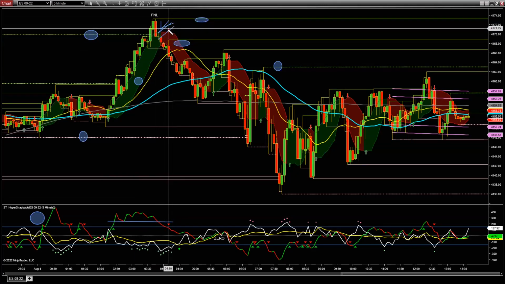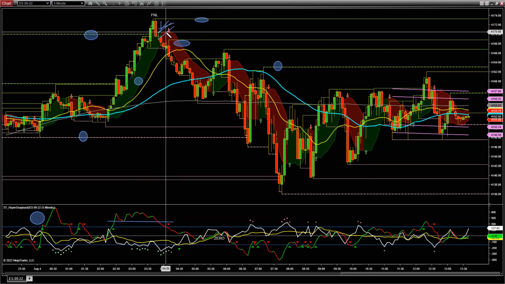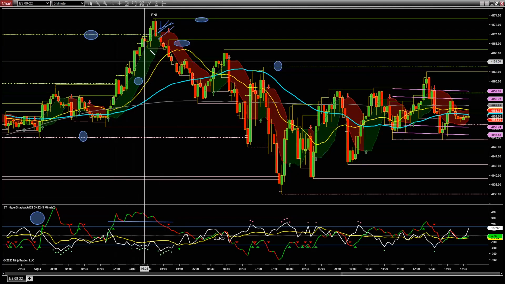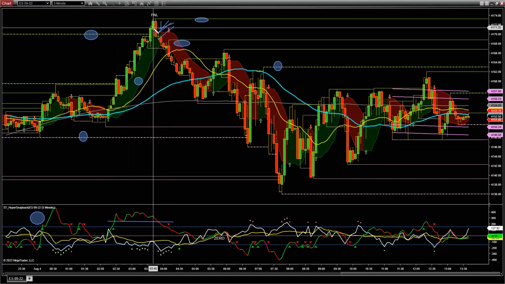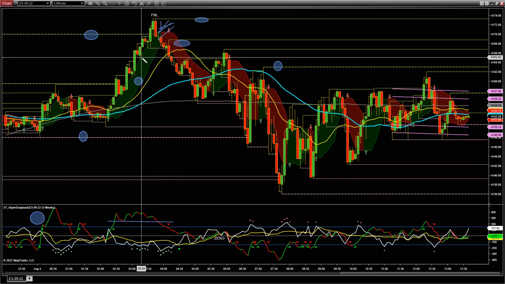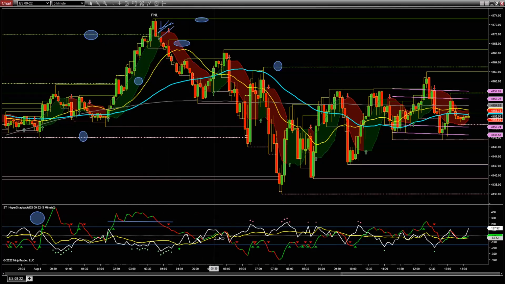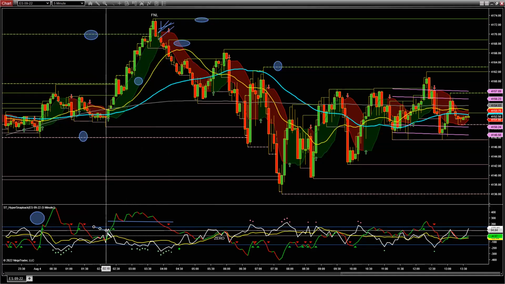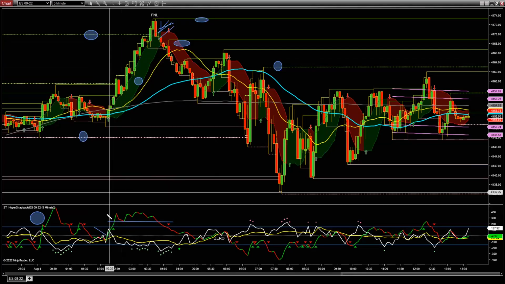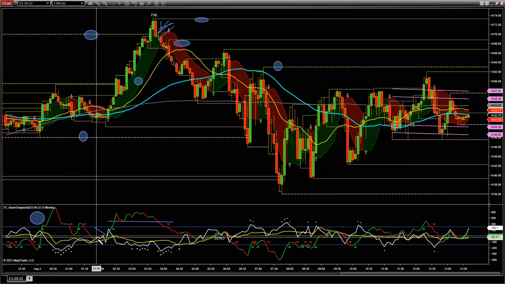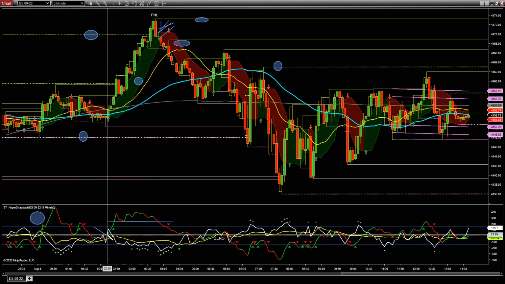So what factor here do I want to risk to enter this trade after this momentum break to the upside? How do I know this was an upward trend? It's the zero line. So right here, price passes through our zero line, our hyper snapback line, which is red, green, and you see it posts up over the zero line.